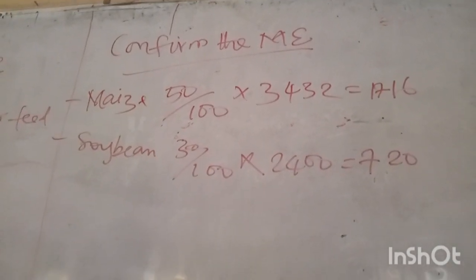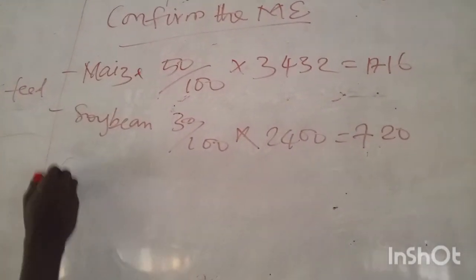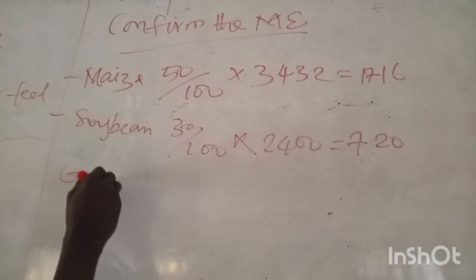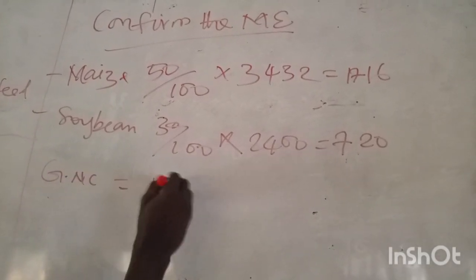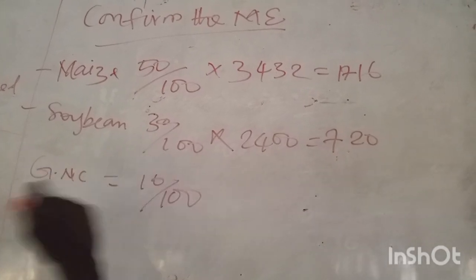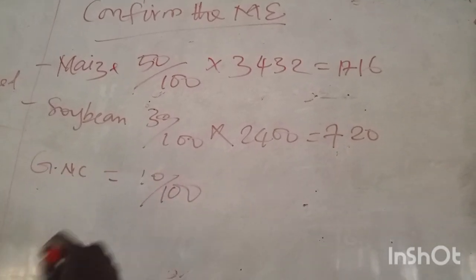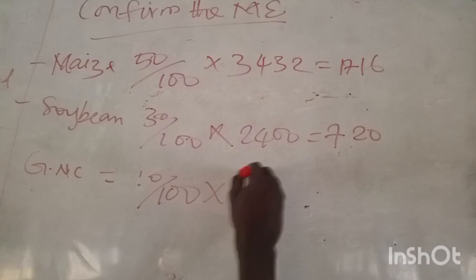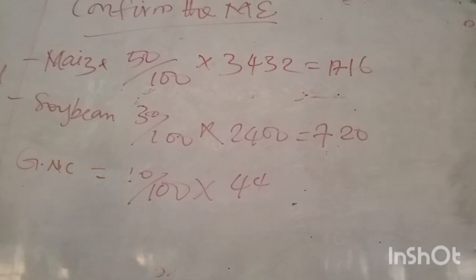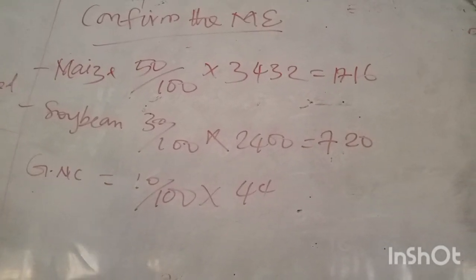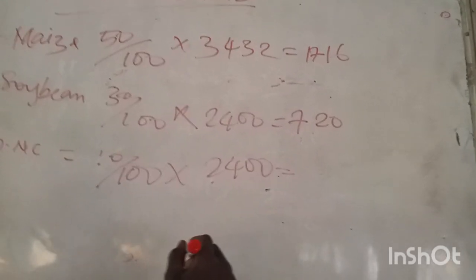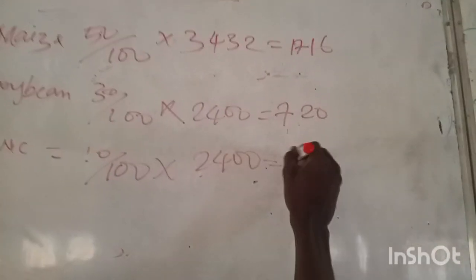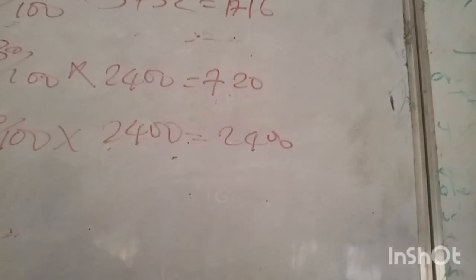Now, when you go down to groundnut cake, GNC is going to be 10 divided by 100. The 10 is the value we have here in our notes, on our board. Then times 2,400, which is written in our note. When you multiply everything together, it's going to give you 240.